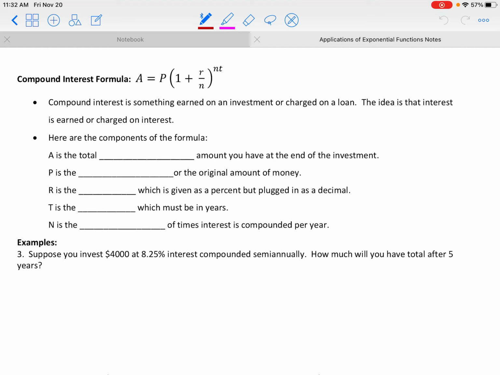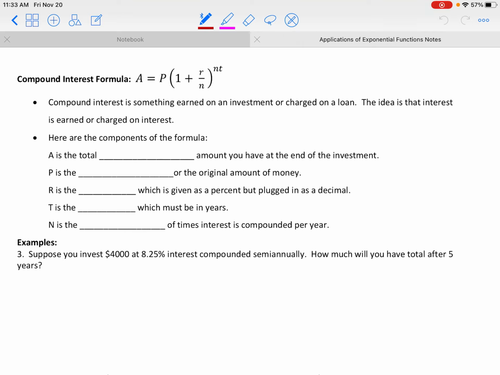And every time the interest is calculated, it's lumped into the amount that you invested or borrowed, and then when the new interest gets calculated, it's calculated on that amount you borrowed or invested plus the interest that was added in. So the idea is interest being charged or being earned on interest.